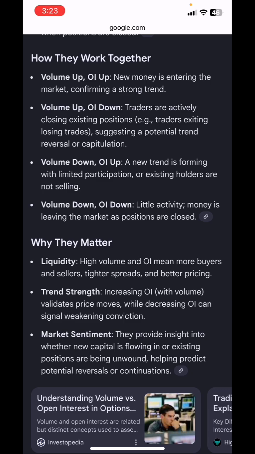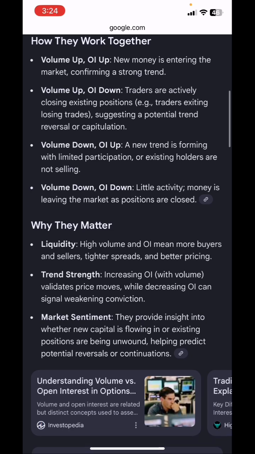If the volume is down but the open interest is up, a new trend is forming with limited participation. It could be a new uptrend, but if it's low volume and a lot of open interest, that's where you get those theta traps. The price is just kind of grinding upward, moving slowly, so it might be ranging or moving up real slowly.